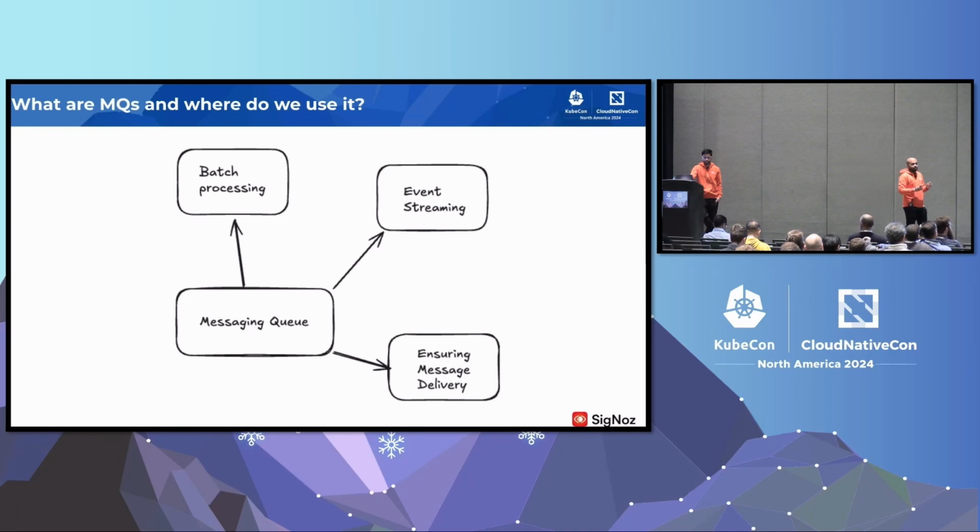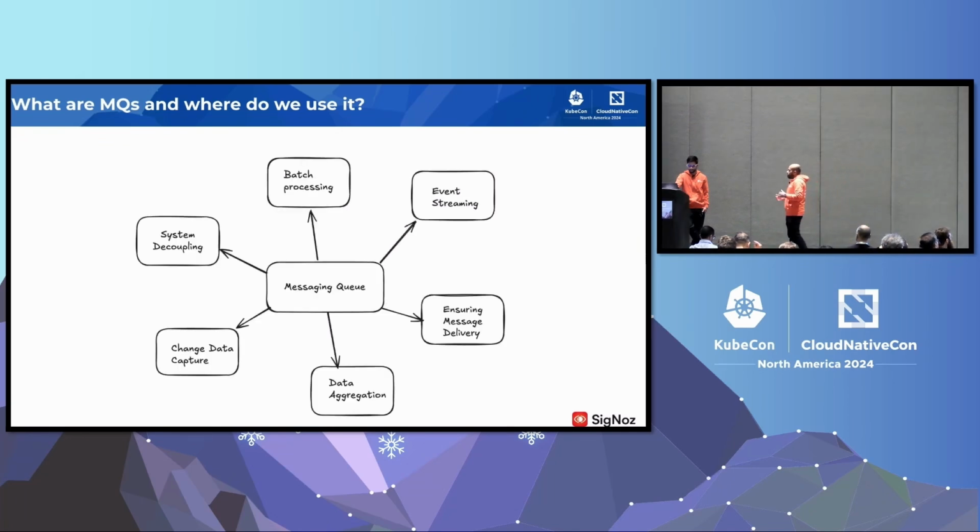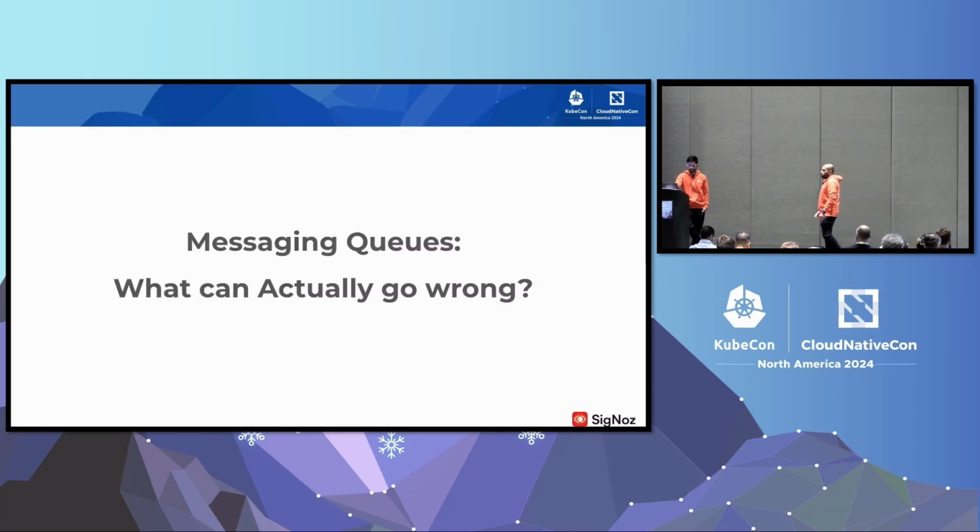But we want the message to be consumed. The message can be an OTP, a payment service event, or something like that. So messaging queues ensure message delivery. Apart from that, we have data aggregation, system decoupling, CDC, data pipelining, and a lot more that messaging queues can help with.